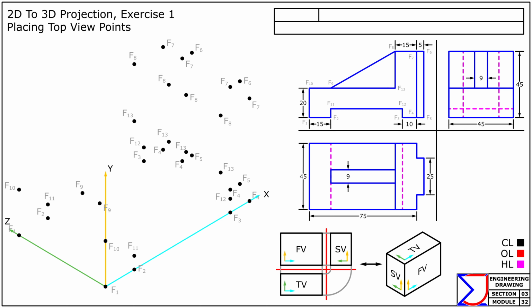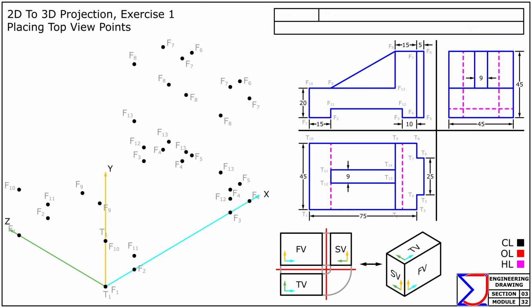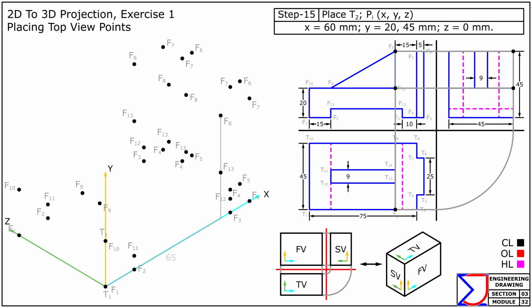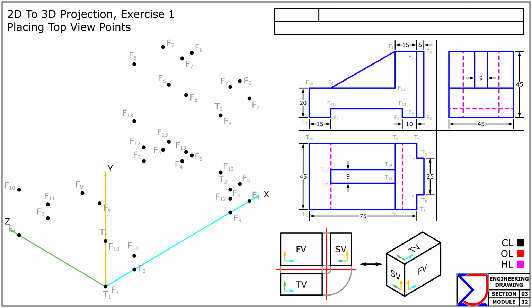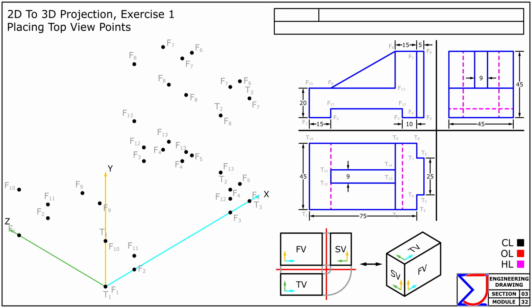First, label each point randomly in the top view. Place point T1. Place point T2. Place point T3. Place point T4.